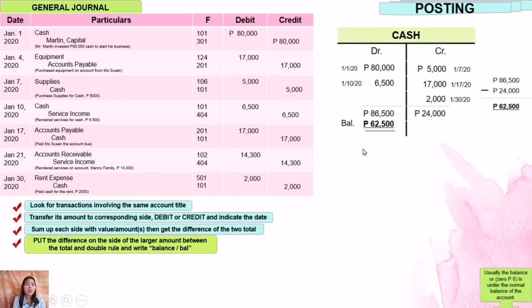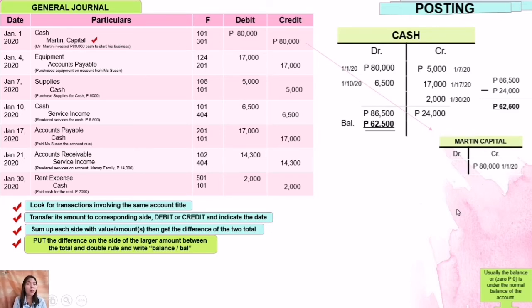That's it. Now let's do the remaining T accounts of the account titles. Let's proceed with Martin Capital. That's the second one. So we only have one Martin Capital involved here in our journal. So just simply create a T account, debit credit, then write the amount 80,000 on the credit side since Martin Capital is credited here in the journal.